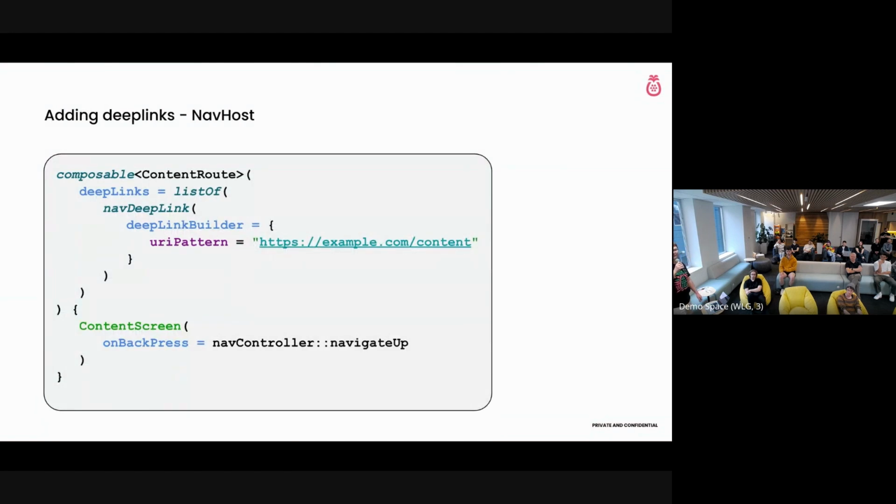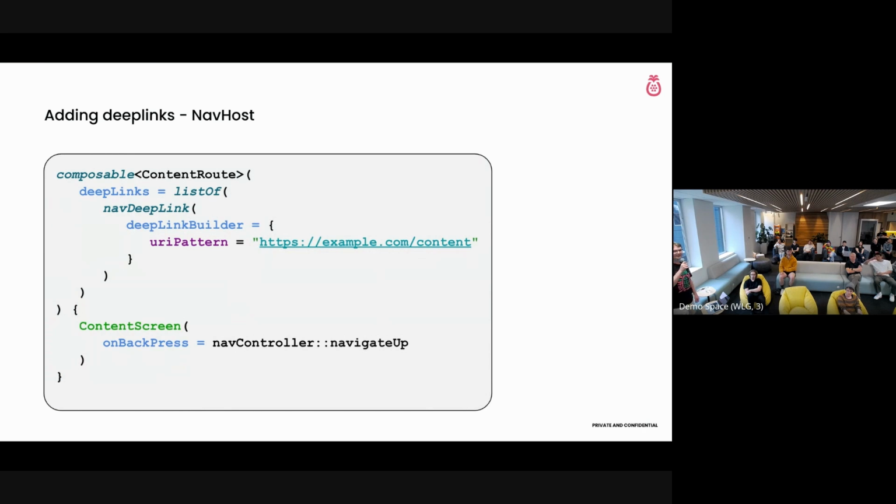How do we do that in Compose Nav? So this is the content route. I mentioned earlier that we'd get to this in the future. So pretty similar to what we were doing before. We have a composable, passing in the content route as the type, and then we have the content screen composable down there with a callback to navigate up and go back to the home screen.